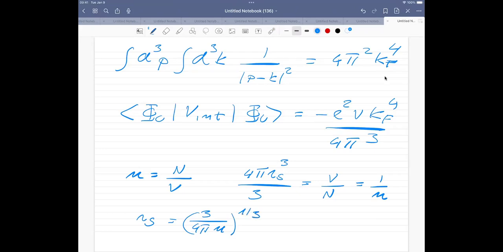For a system where we have an equal number of spin up and spin down electrons, we found also last time, so let me quickly remind you of these terms, that kf cubed was given by 3 pi squared multiplied with the density of particles.